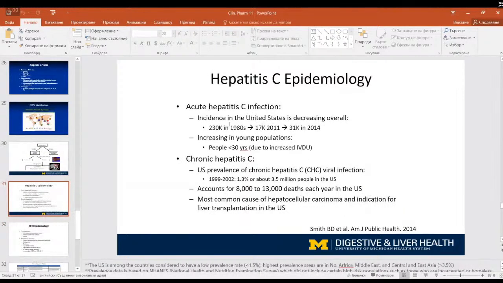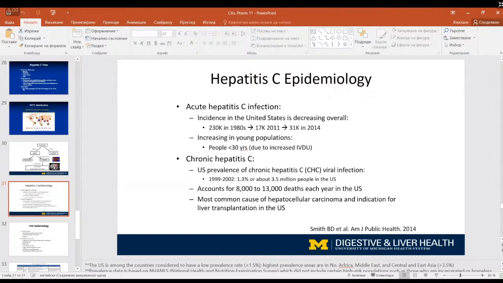These are some numbers that come from the US. So you see that in the 80s, when the HIV virus was also discovered, there was an epidemic of HIV, because the hepatitis C virus is also transmitted either by hemotransfusion or sexually.